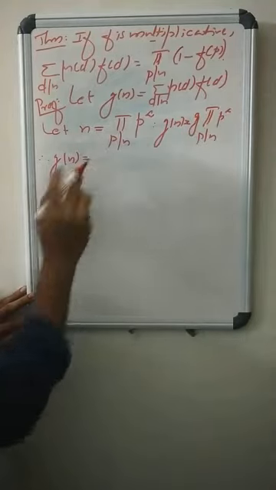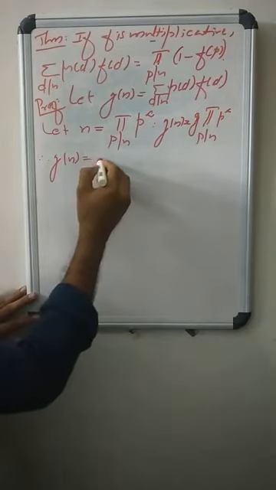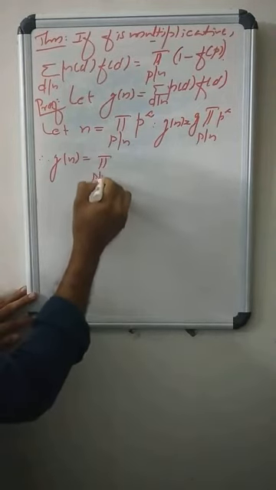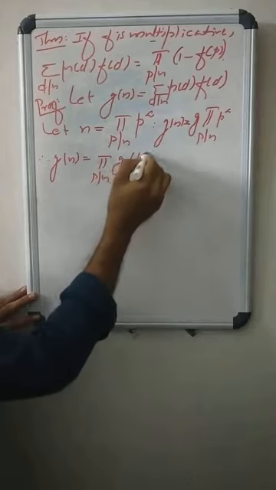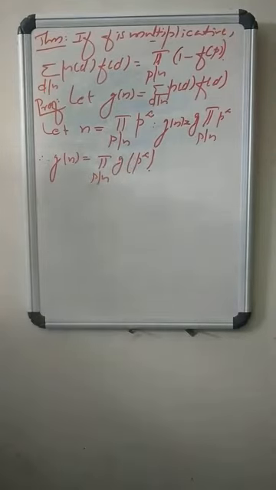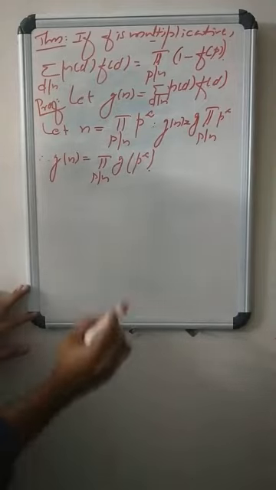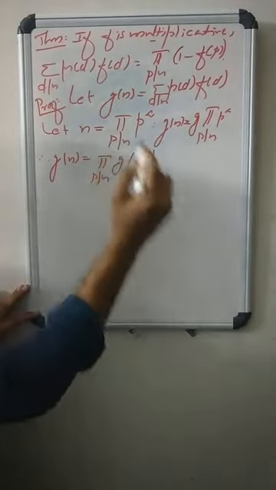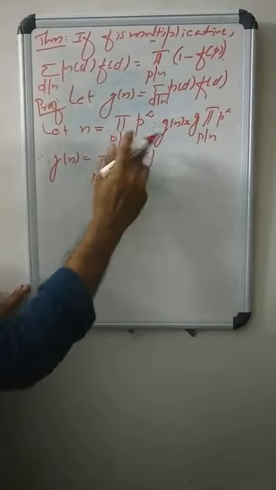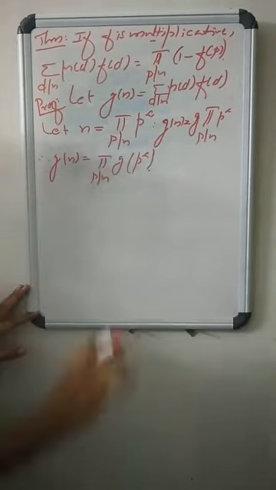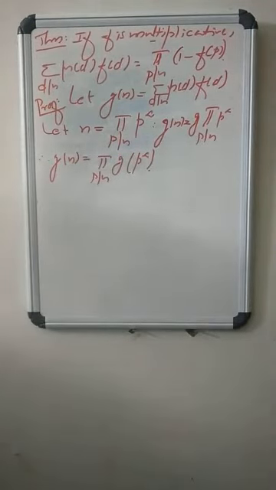It can be rewritten as the product over p dividing n of g of p power a, since we already saw that g is multiplicative. Hence, when n equals the product of p power a, by the multiplicity of g, g of n equals the product over p dividing n of g of p power a.